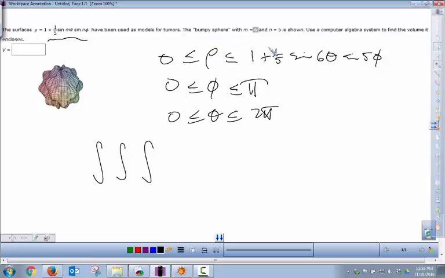Our dV, remember, is rho squared sine phi. For this one, it's imperative that you integrate with respect to rho first, because you have limits for rho that are a function of phi and theta.